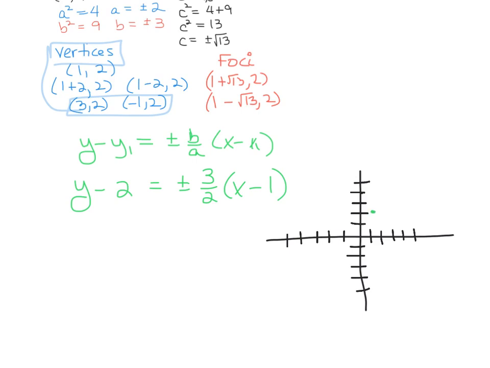And then from that center, I'm just going to rise and run the slope. So my slope is 3 over 2. So I'm going to rise and run from the center, which is 1, 2. So I'm going up 3 and over 2. I can also go up and left to get the negative asymptote.